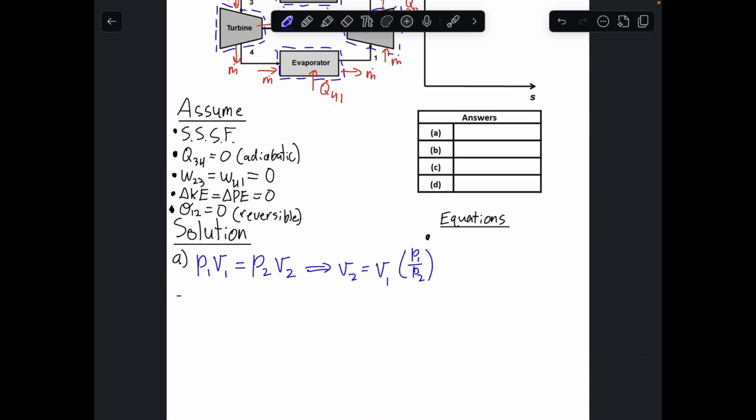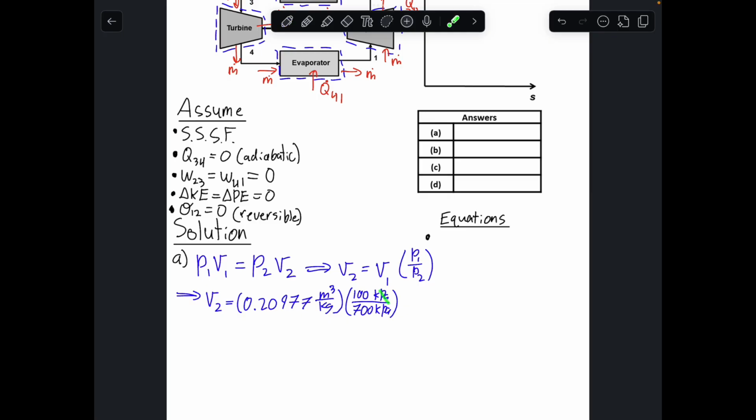So if we just fill in those values, we'll get V2 is equal to 0.20977 meters cubed per kilogram times P1, which is 100 kPa, divided by 700 kPa.